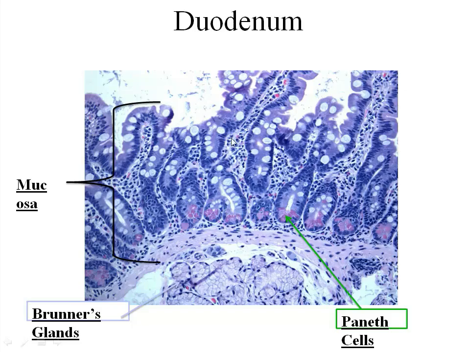The folds are large and readily seen with the naked eye. You can see the folds here. They are absent in the first 1 or 2 inches of the duodenum, immediately after the stomach, at the junction. In the first 1 or 2 inches, the large folds or villi are not there.